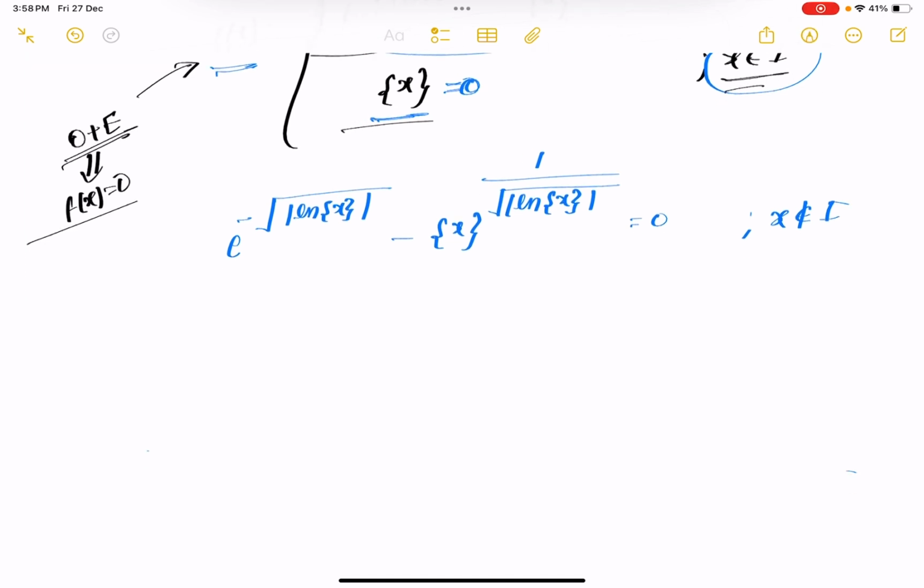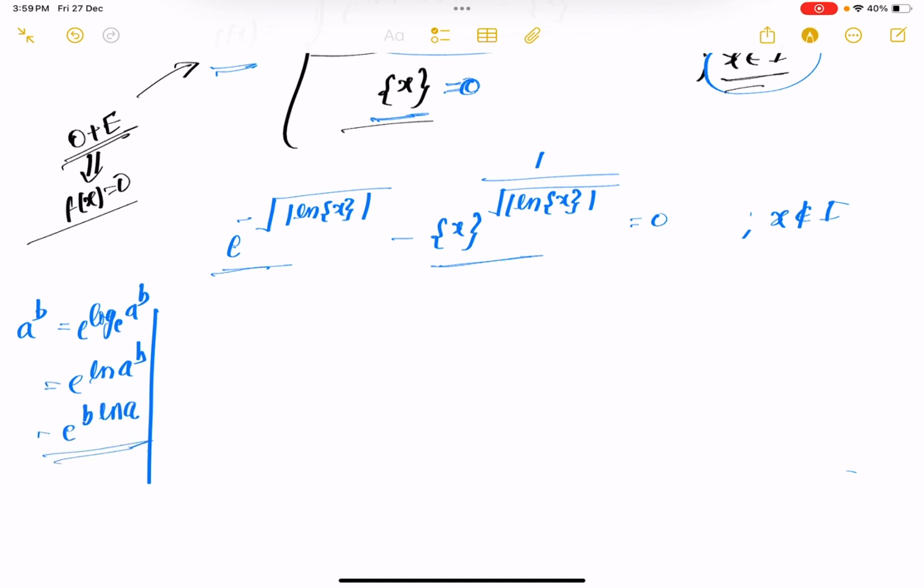Now I know that this is an exponential function and we can subtract exponential functions when the base is the same. So here the base is e. I need to write the base e here. So for that, what property can we use? We have to use the property of log. We know that a to the power b can be written as e to the power ln of a to the power b, means e to the power ln a to the power b, means this can also be e to the power b ln a according to the property, because my requirement here is e.